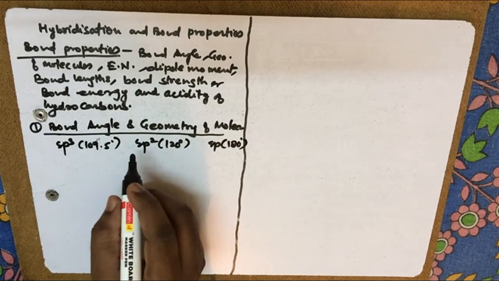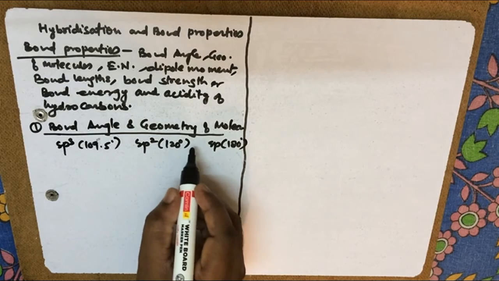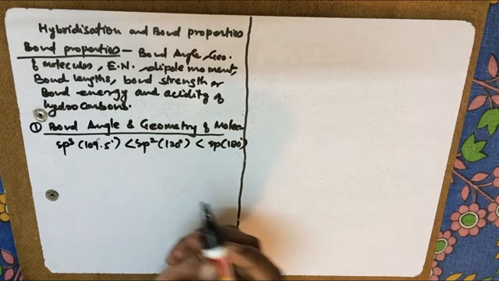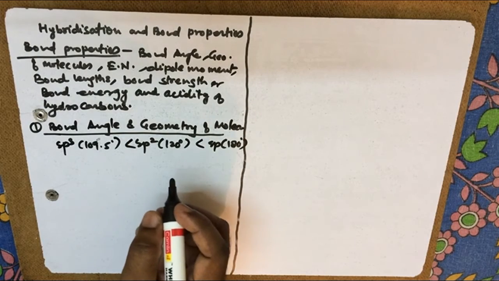Okay, but the bond angle order will be like this. Okay, increasing order.